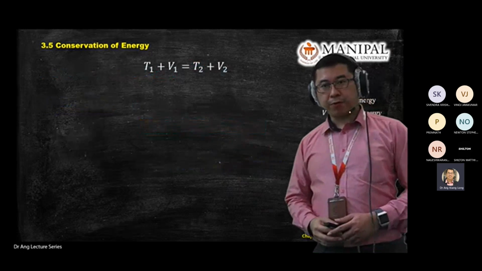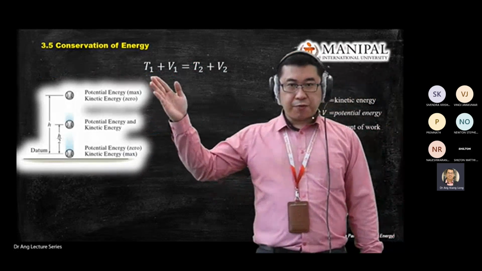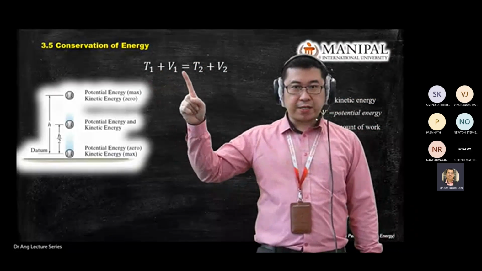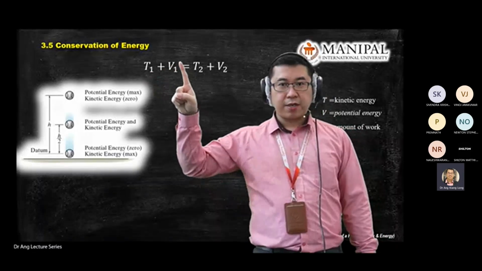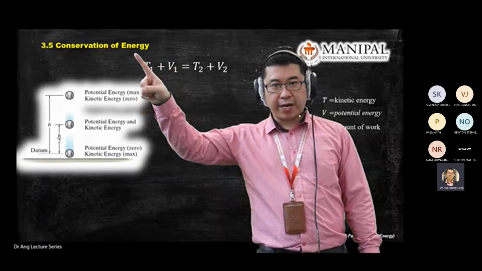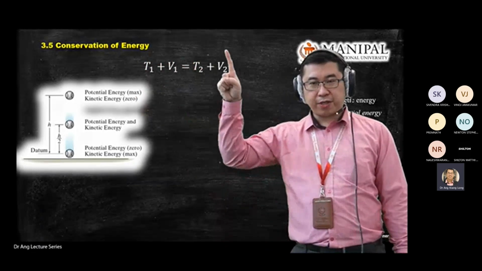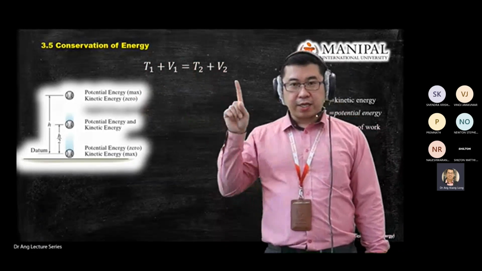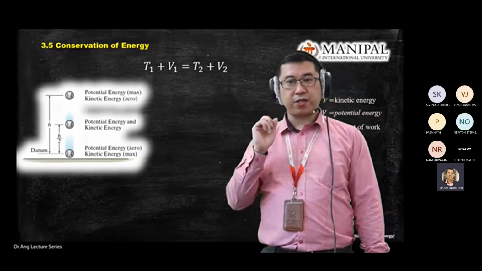Look at a few more slides. So let me give you an example. If you use T1 plus V1, kinetic energy plus potential energy at the initial position, equal to the energy at the final location, this one only works when you consider conservation of energy in the case.